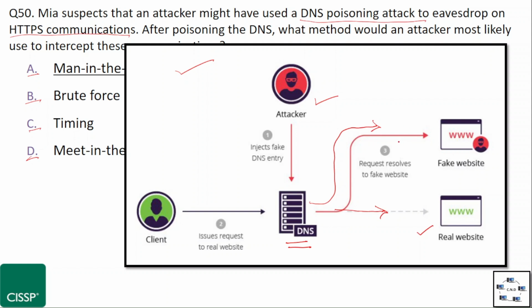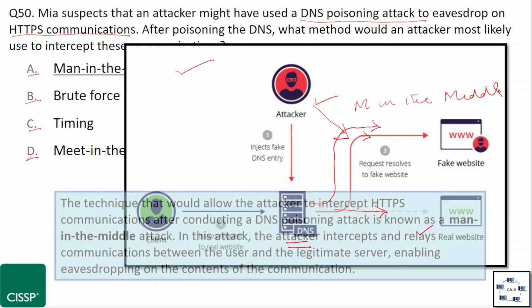Once the user is directed to the fake website, the attacker can then use the man-in-the-middle attack to eavesdrop on this communication. Since this website is owned by the attacker, he or she can now intercept the communication using a man-in-the-middle attack.